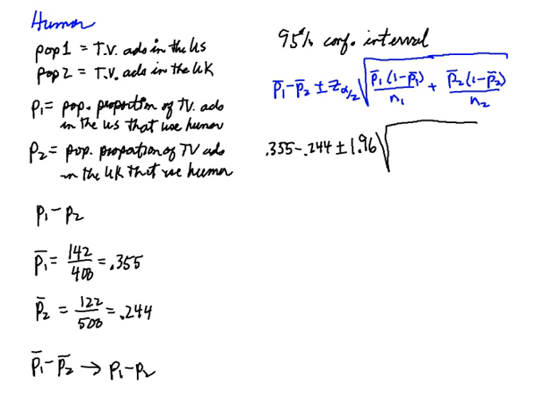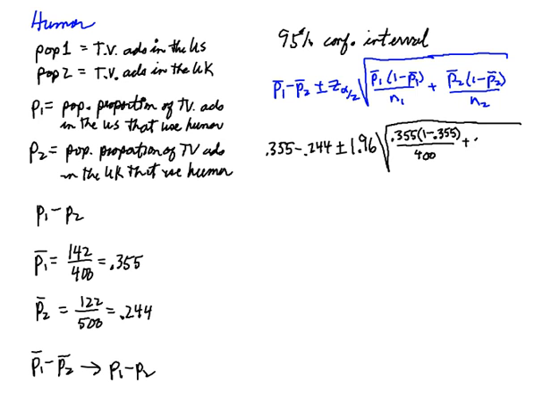And then I have my sample percentage for population 1 as 0.355, multiplied by the complement of that, and divided by the sample size, and doing the same for the second population.